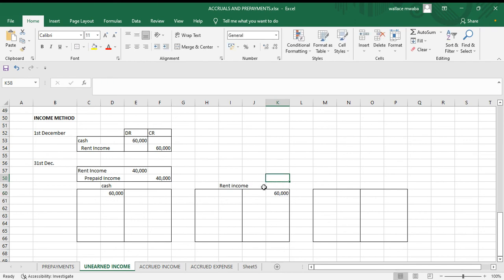Then remember we're focusing on the amount that hasn't been used. So we're going to debit rent income 40,000, and we're going to credit prepaid income, which is our liability, 40,000.